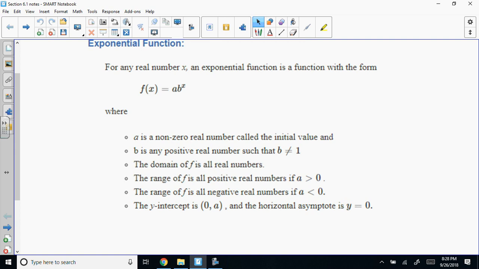B is any positive real number such that B can't equal 1. B is the base, and the base of that exponential can't equal 1. Why? You have to understand why it can't be equal to 1.